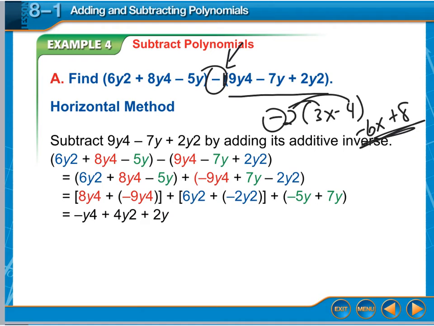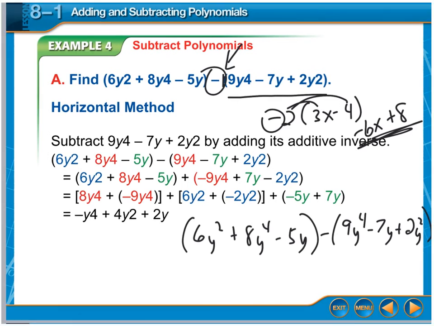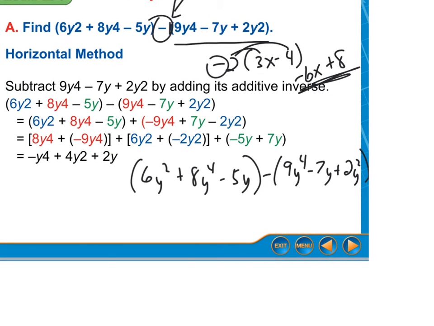So in my book, I'm going to rewrite this down here. And notice they're not in order, and that's okay. We're going to put ours in order, but we're not worried about theirs just yet, because I don't want to write too many things down before I even get started. All right, so what I would do, my first step would be to change this negative to a positive. But then I have to change all these signs.